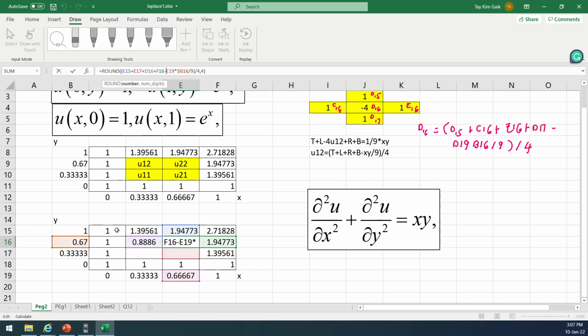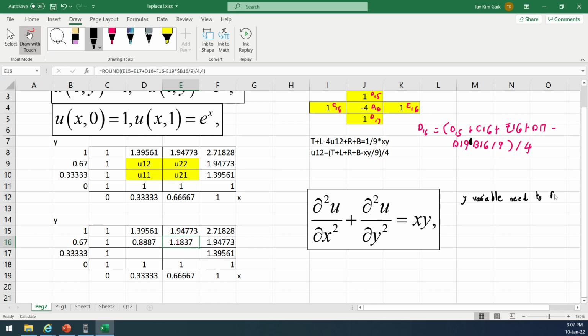Okay, so now you see, my y maintains at B16. So what you need to do for the y variable is fix the column.